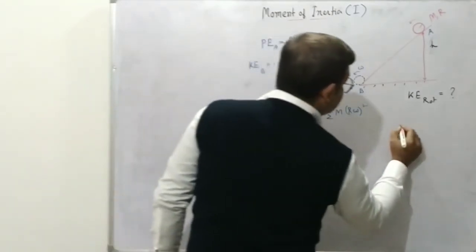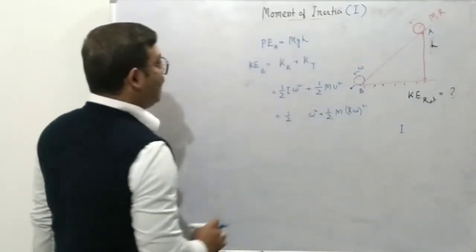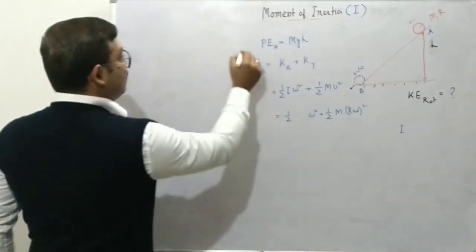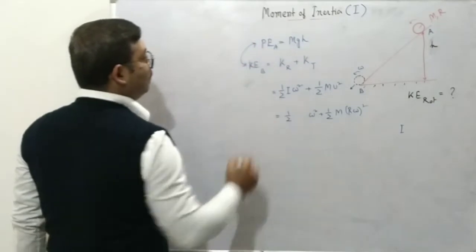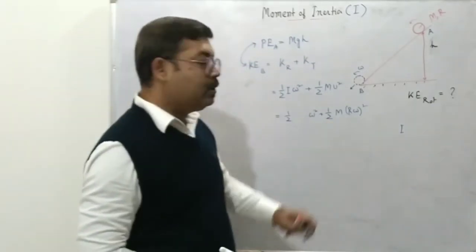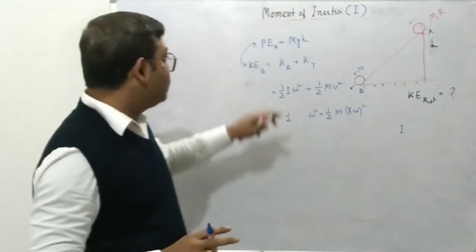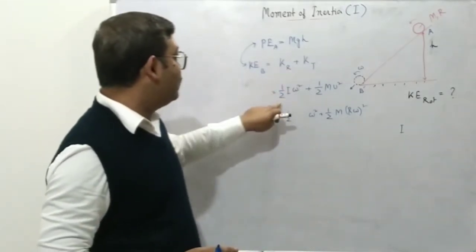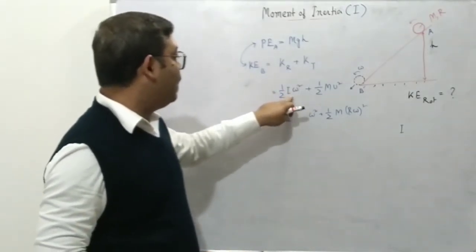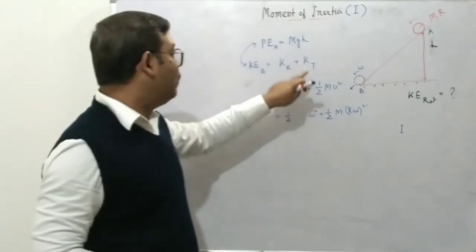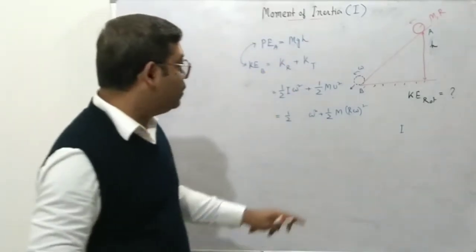Now what is I? If I know I, then we will be able to use conservation of energy between these two and find an expression for omega. That is our first aim, because we want to find the rotational kinetic energy, which is half I omega square. If I find I first and then find omega, then we find the rotational kinetic energy.